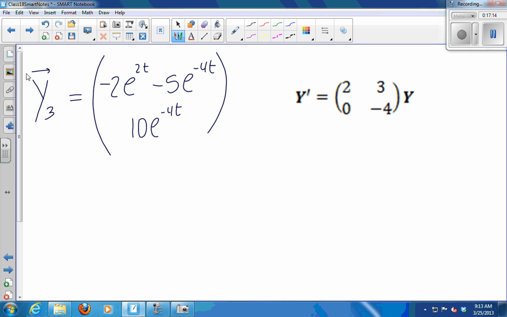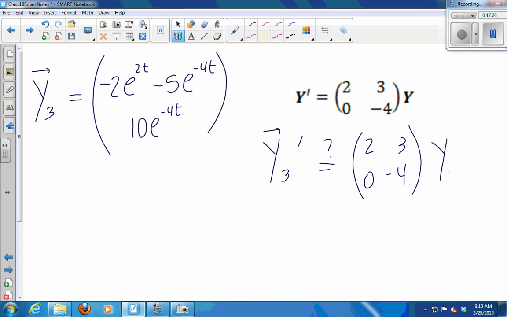Okay, so we have y3 equals that vector. We want to know, does y3 prime equal my matrix times y3? So y3 prime we get by taking the derivative component-wise.